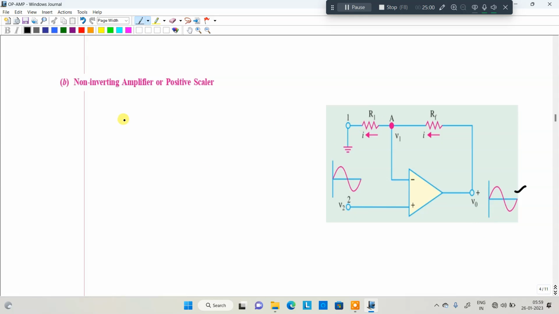Now apply KCL at node A. Apply KCL at node A. Whenever you apply KCL at node A, you know the input voltage is V2, right? According to the virtual ground concept, the voltage is V2, or for example I will consider Vin.